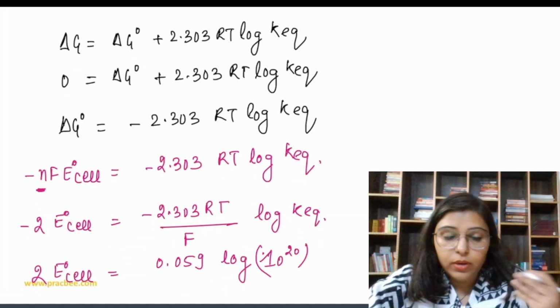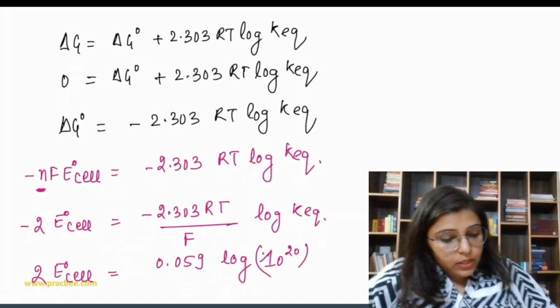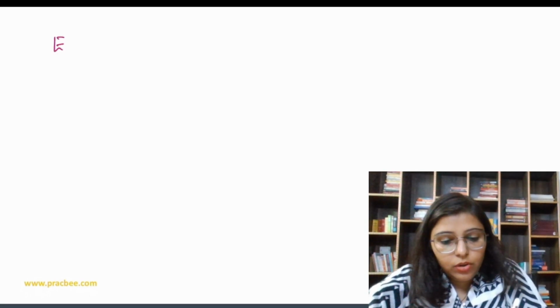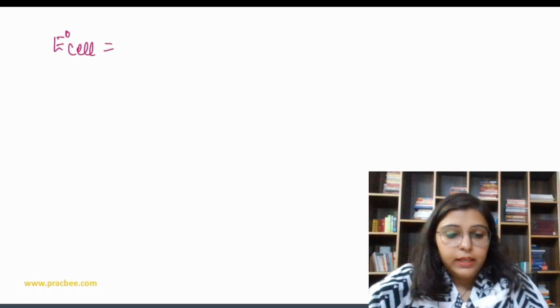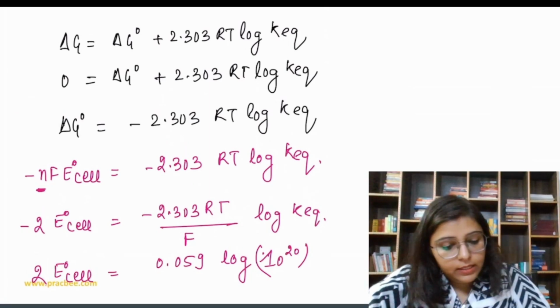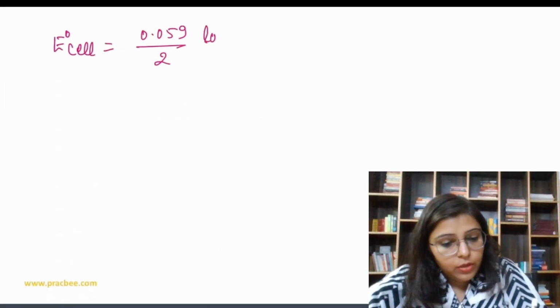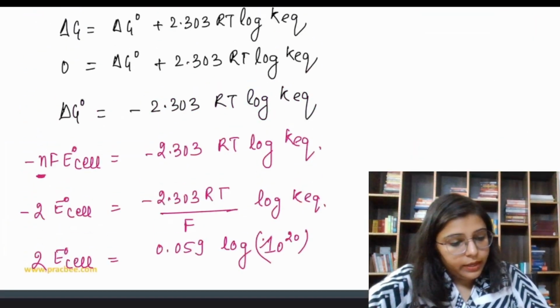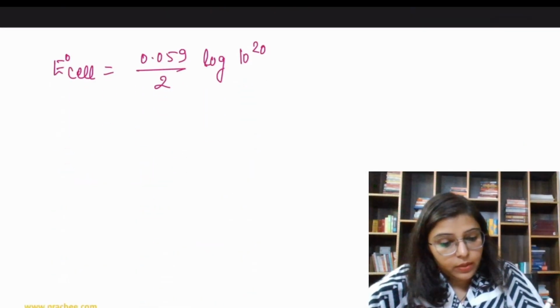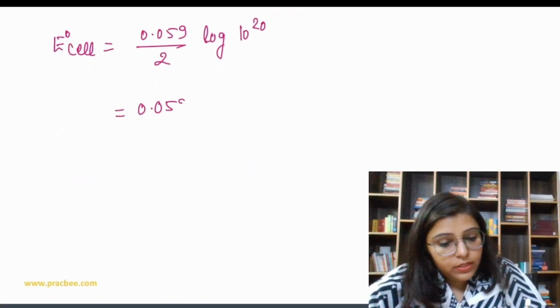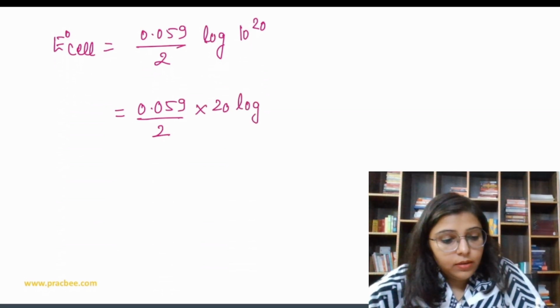Okay, so let's try to solve further. So we get E naught cell is equal to 0.059 upon 2 log 10 to the power 20. So here we can write 0.059 upon 2 into 20 log 10.